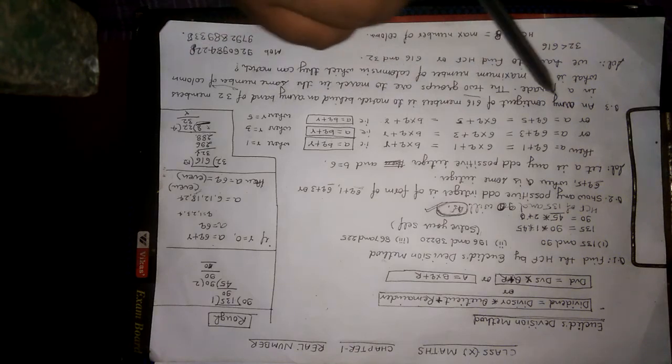Okay, and now after this, question number 3. Question number 3 is: an army contingent of 616 members is to march behind an army band of 32 members in a parade.